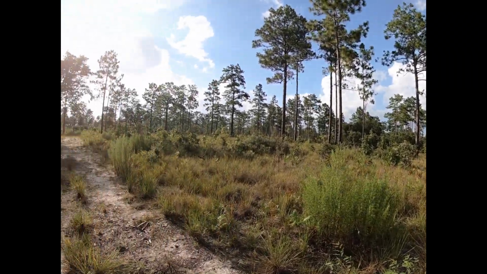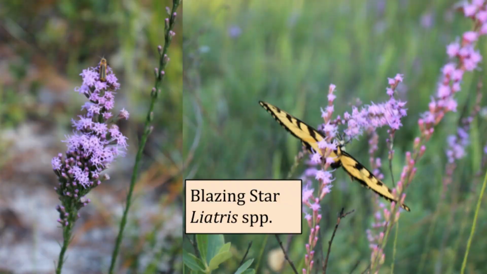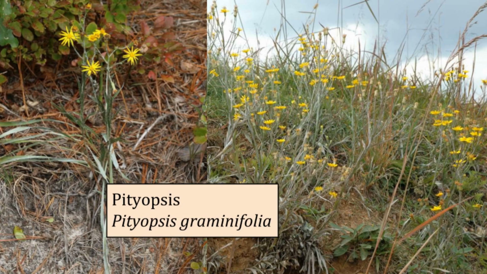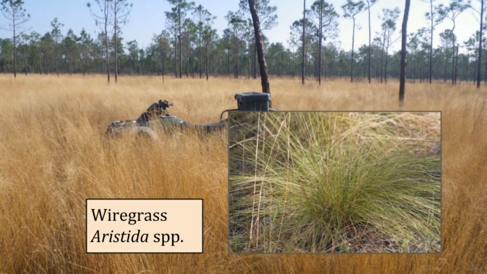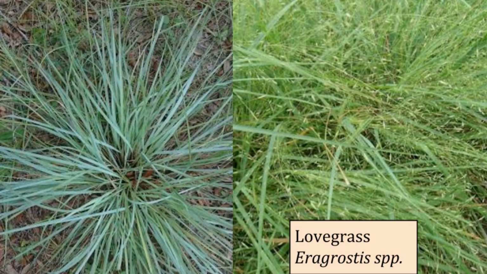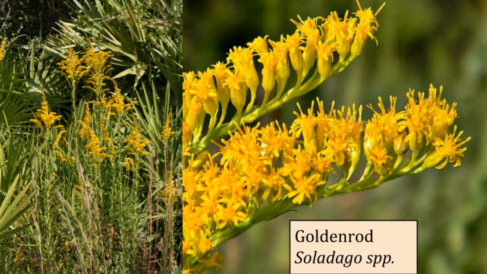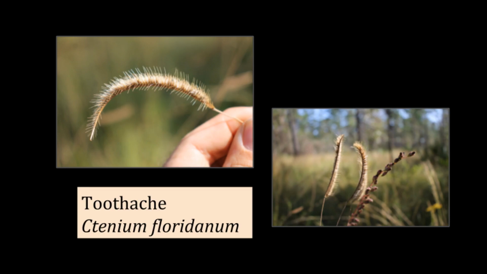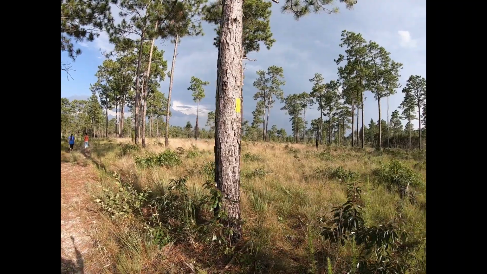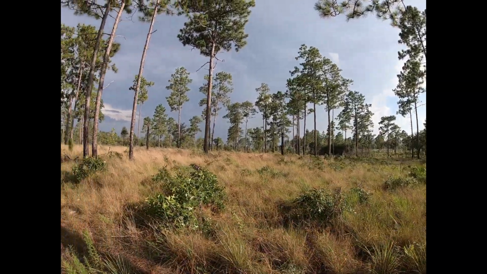Some of these different grasses and forbs that you'll see at Bellridge and other places include species like Liatris, Pityopsis, wiregrass, Indian lopsided grass, lovegrass, Carphephorus, goldenrod, and I could honestly go on and on with the incredible rich range of forb and grass species that you can find in sandhill communities.